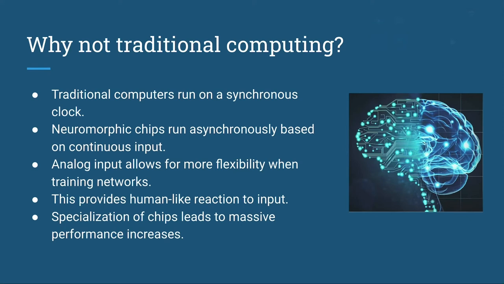In this way, the input is analog, which allows for the neuromorphic chip to really fine-tune any weights or biases that it may need to do during training. Specializing these chips in this way allows for them to bypass many overhead processes that occur in traditional computing and go straight to the training and learning of the neural network.